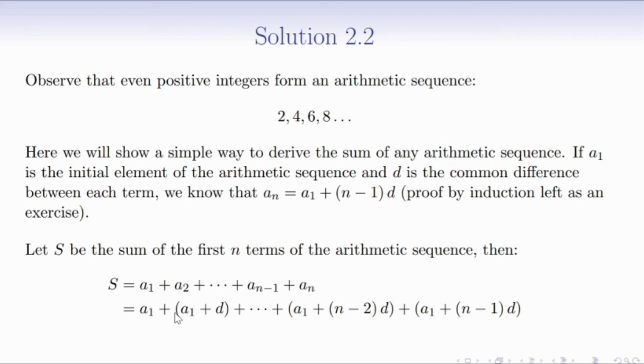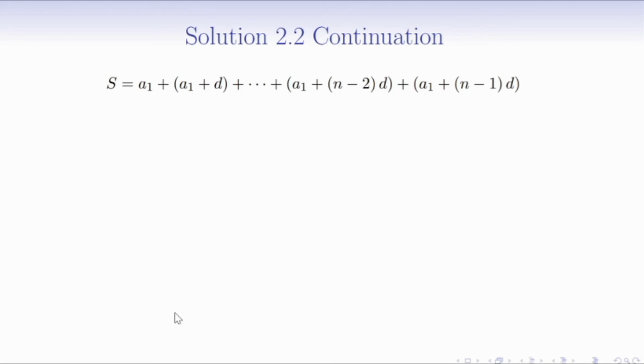Note that we only used the expression for the nth term of the arithmetic sequence, written using a sub 1, d, and n. Next, we reverse the order of addition.